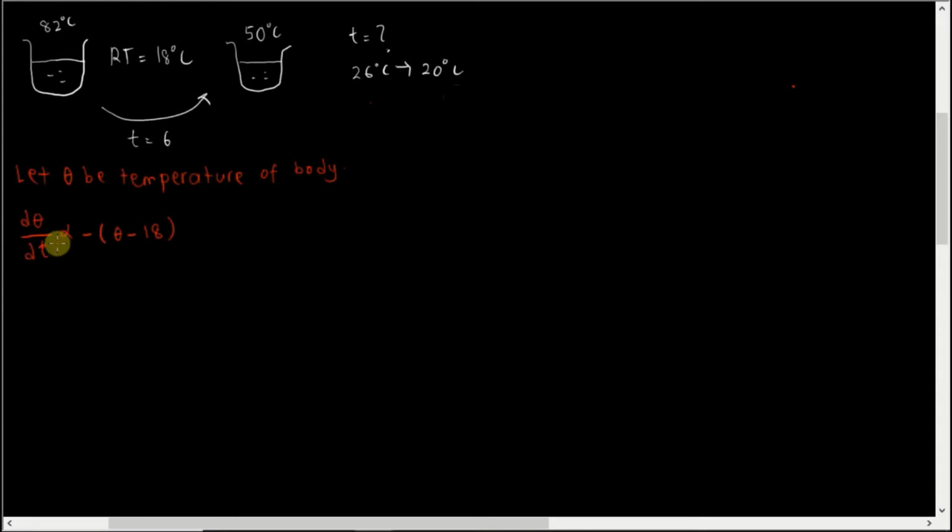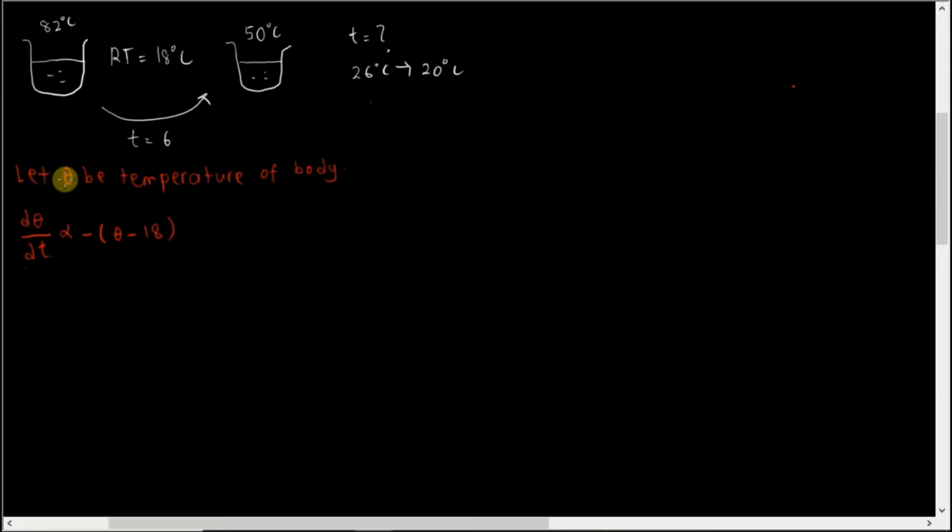The question also gives one more sentence, which says that the rate at which the body loses its temperature is proportional to the temperature of the body when it exceeds the temperature of its surrounding. That sentence you can write in equation form like this. The rate we know is going to be d theta dt, where I let theta be the temperature of the body.